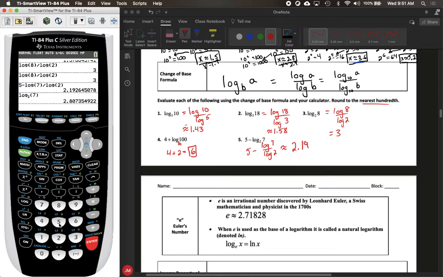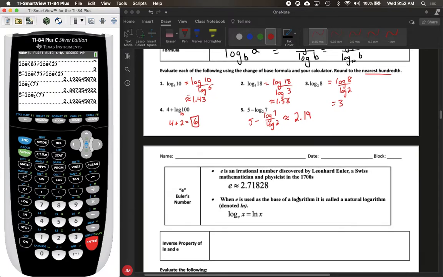And then obviously if you were going to do that, you would just take 5 minus log base 2 of 7 written this way, and you'll get the exact same answer that we did before. Now I mentioned that feature only because it might be useful to some of you. It's not going to be available on every calculator, so for those that don't have that option, you'll definitely need to remember change of base formula when working through each of those problems.